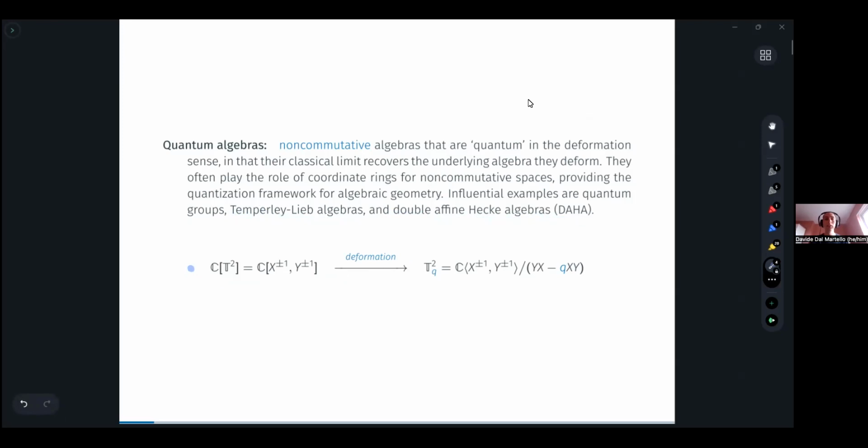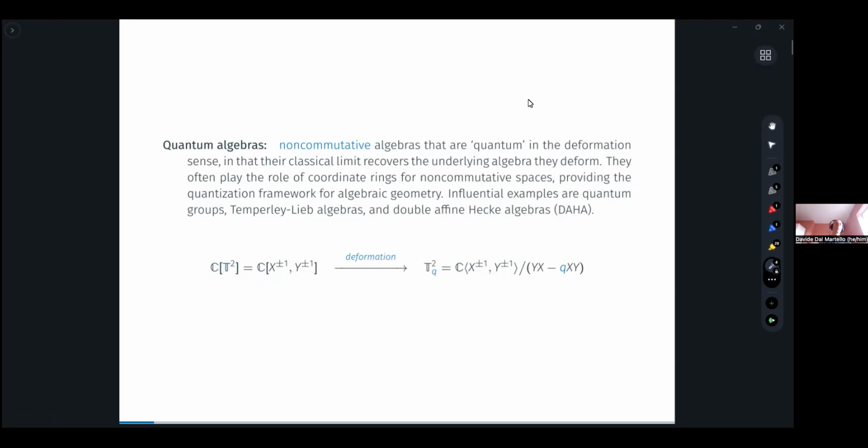Now here, at the bottom of the slide, I put what is probably the most prototypical example of a quantum algebra, from this quantum geometric perspective. We start with the coordinate ring of an algebraic two-torus, so polynomials of Laurent type in two variables, and the deformation that yields the so-called quantum torus is a free algebra in two invertible variables modulo this q-commutation.